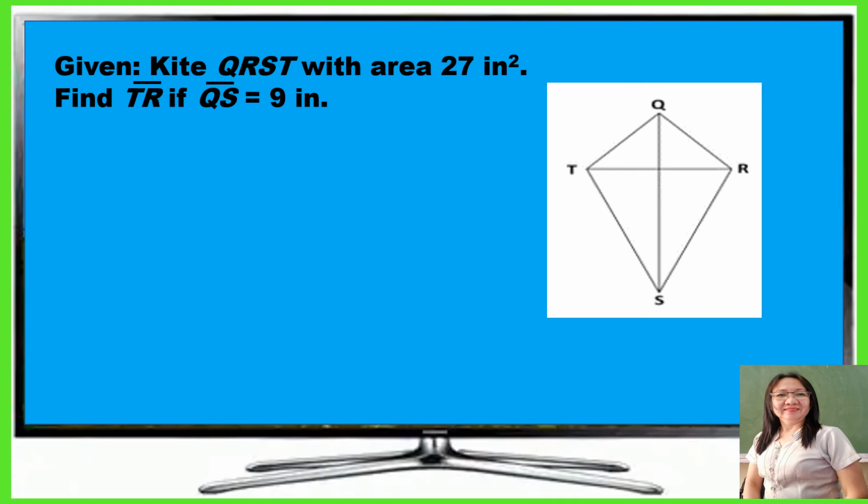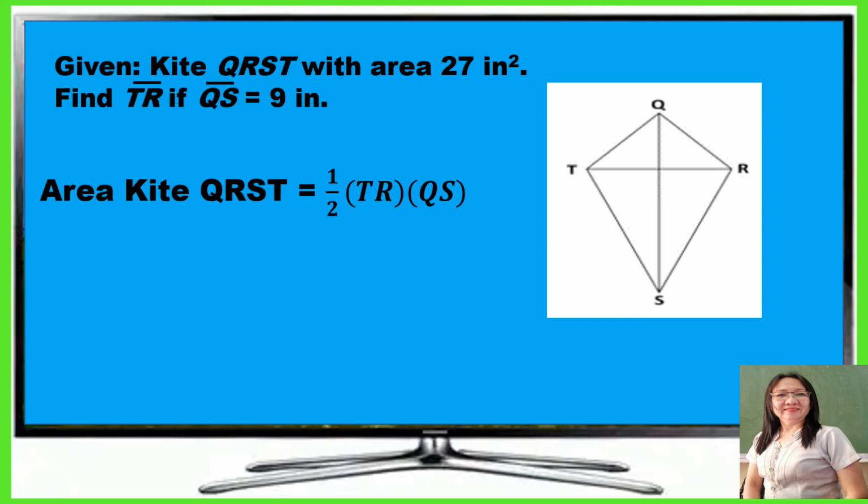So using the idea for the area of the kite, which is equal to 1/2 times the length of the diagonals, the area of kite QRST is equal to 1/2 times the length of diagonal PR times diagonal QS.